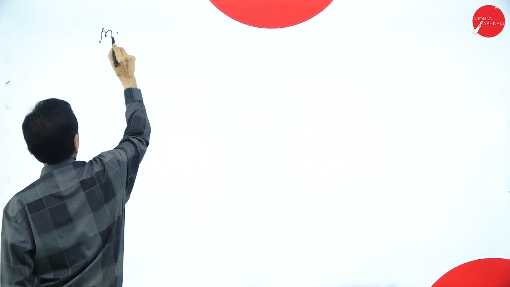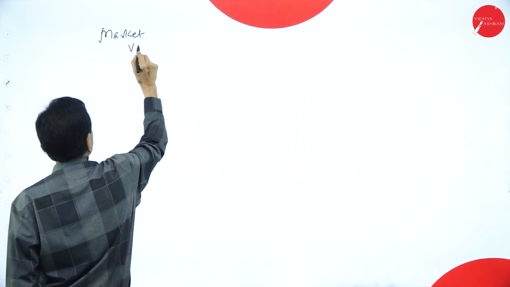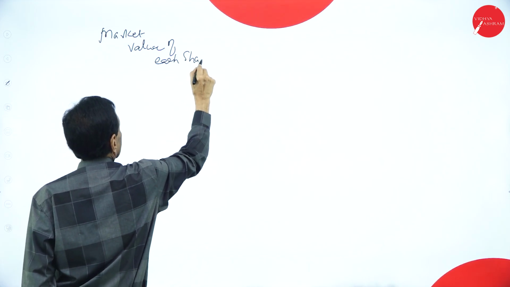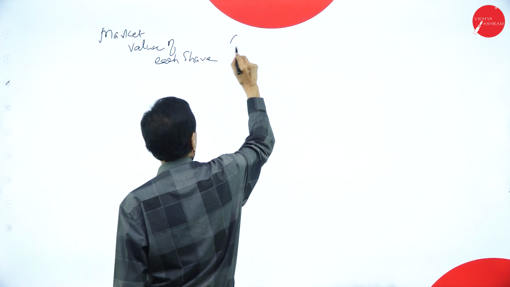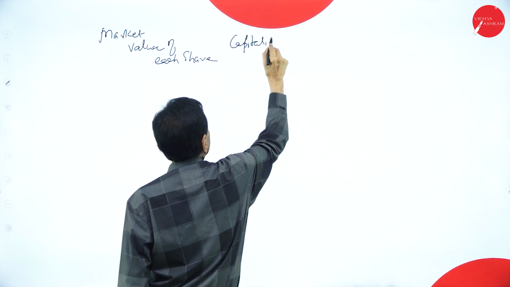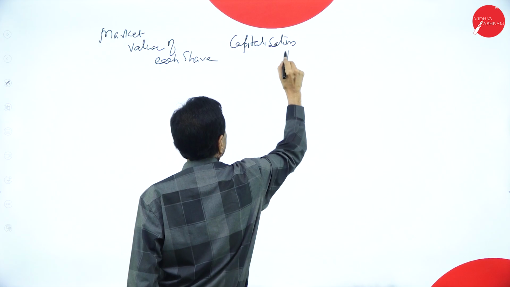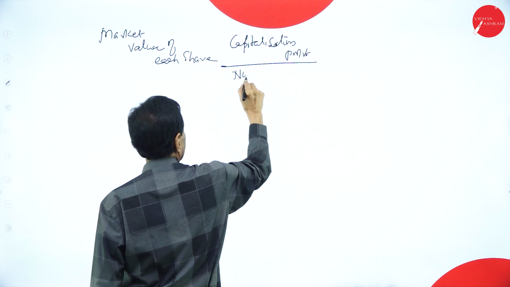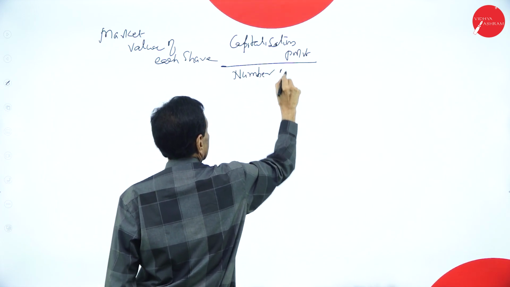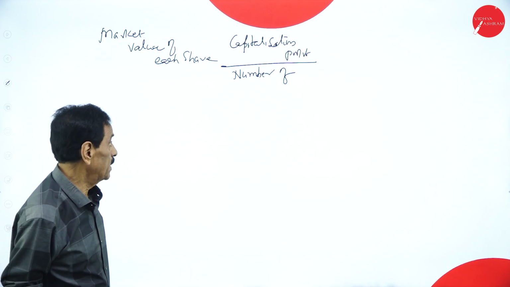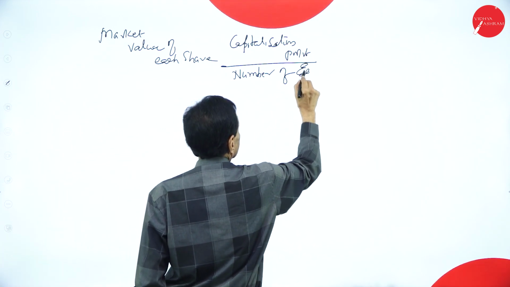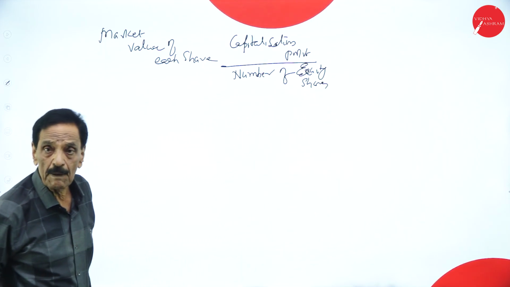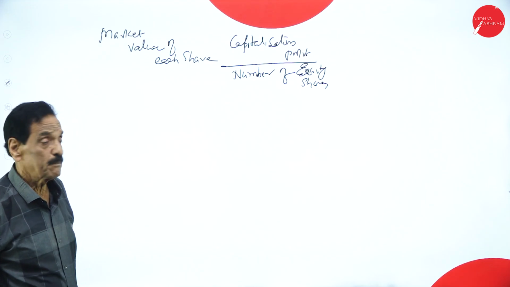Last one, market value of each share. Capitalization of profit divided by number of equity shares.